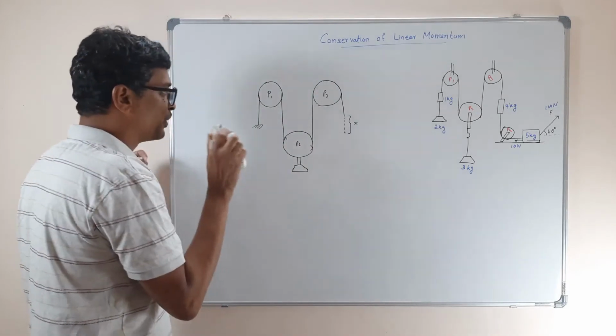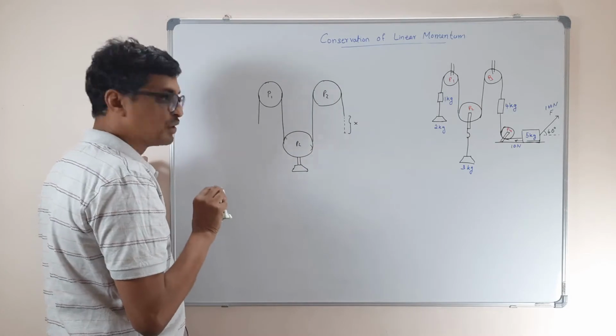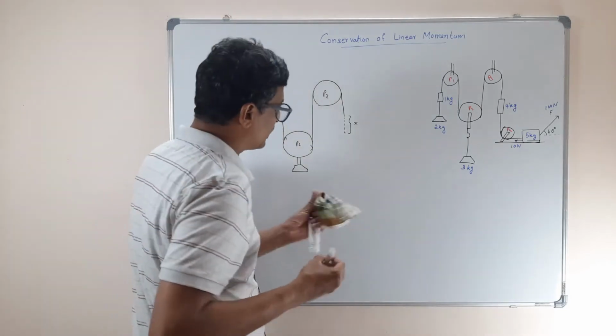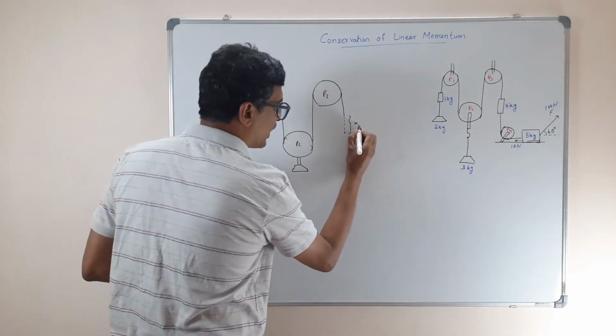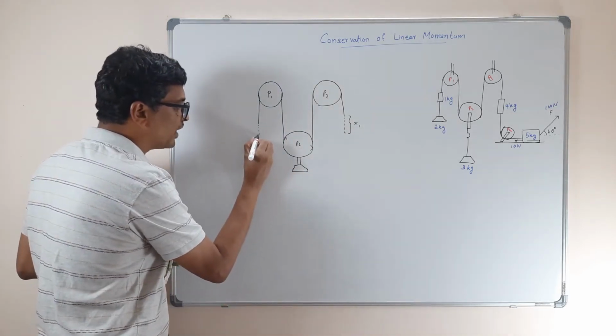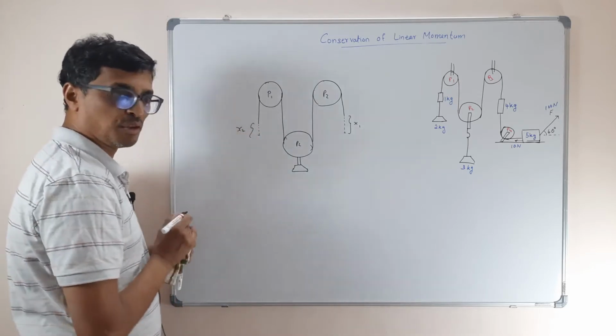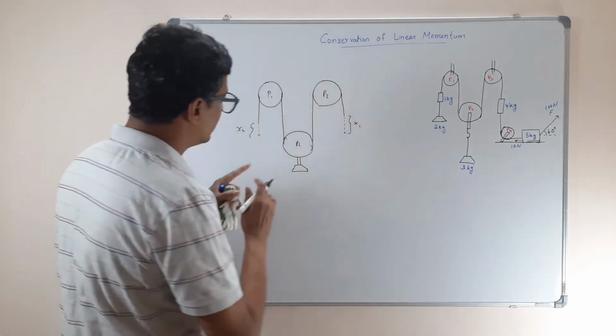So what am I going to do? I am going to remove this also. Let me call this side moved by x1 and this one I am moving by x2. So then what happened?